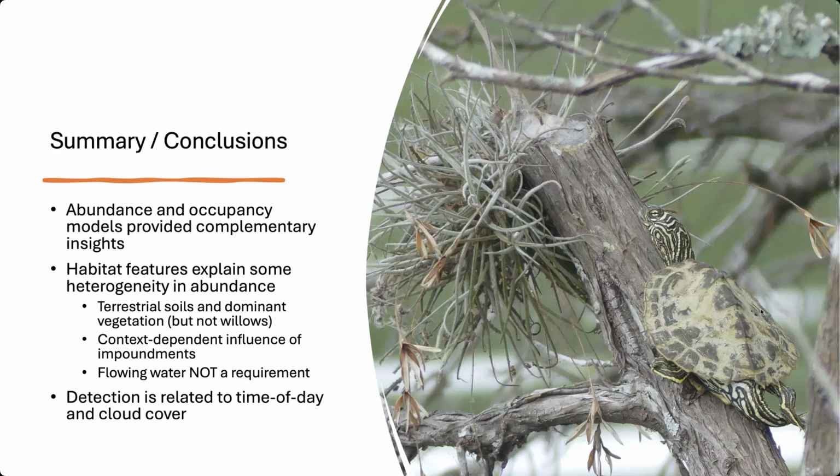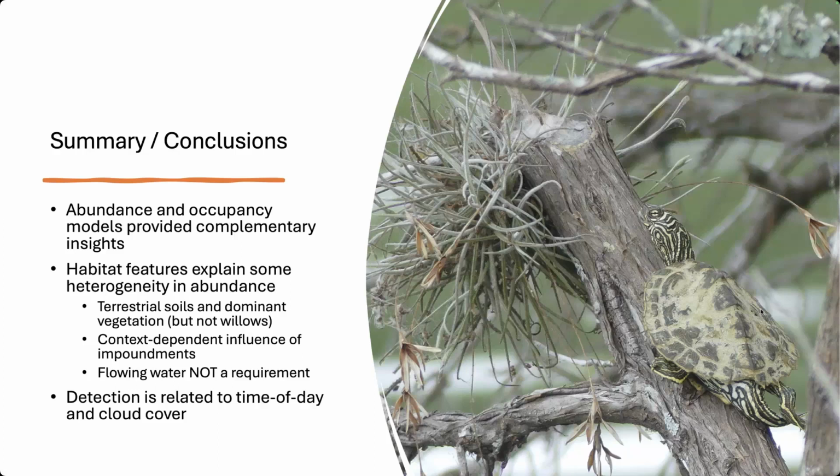We also noticed a context-dependent influence of impoundments. So impoundments can actually be highly supportive of Graptemys caglei populations, and flowing water is not a requirement. I'd like to emphasize here, though, that in general, at least from my perspective, I don't want to falsely give the impression that these are habitat specialists.